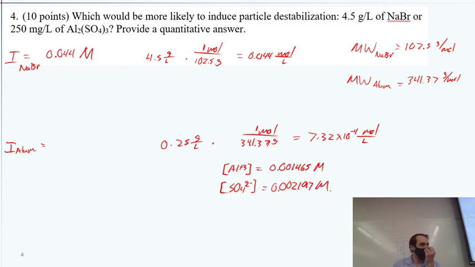Okay, so those are the values we would put into our ionic strength equation, and I'll spare you those details and say that when you do that, this should be 0.011 moles per liter. So that means our ionic strength for the sodium bromide was greater than the ionic strength for the alum.